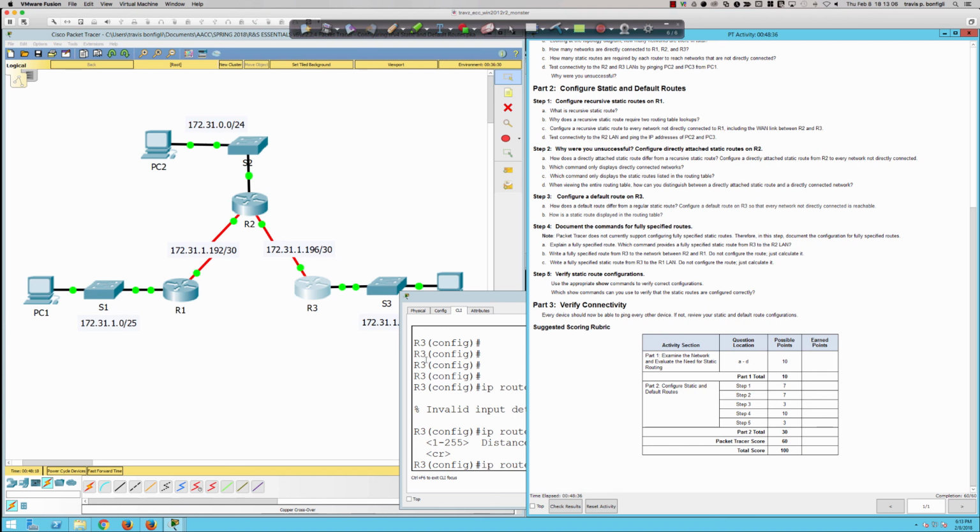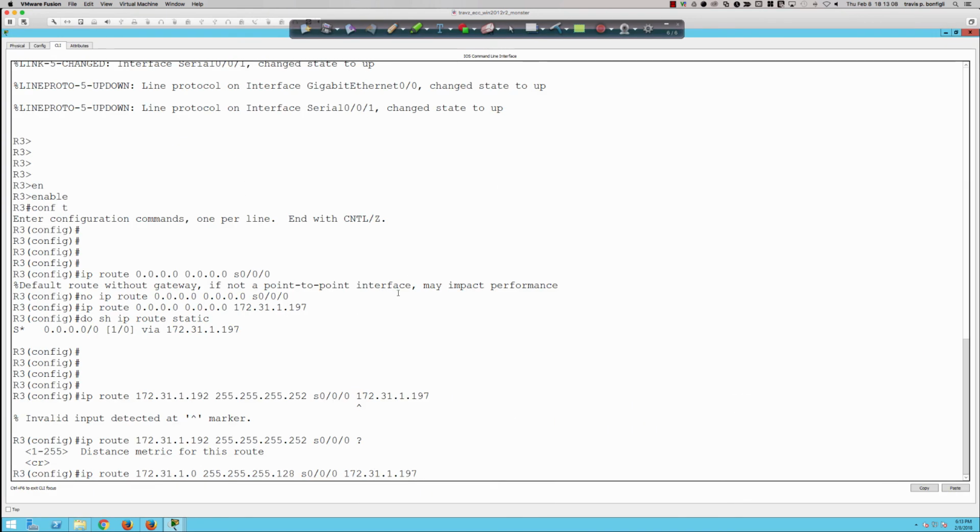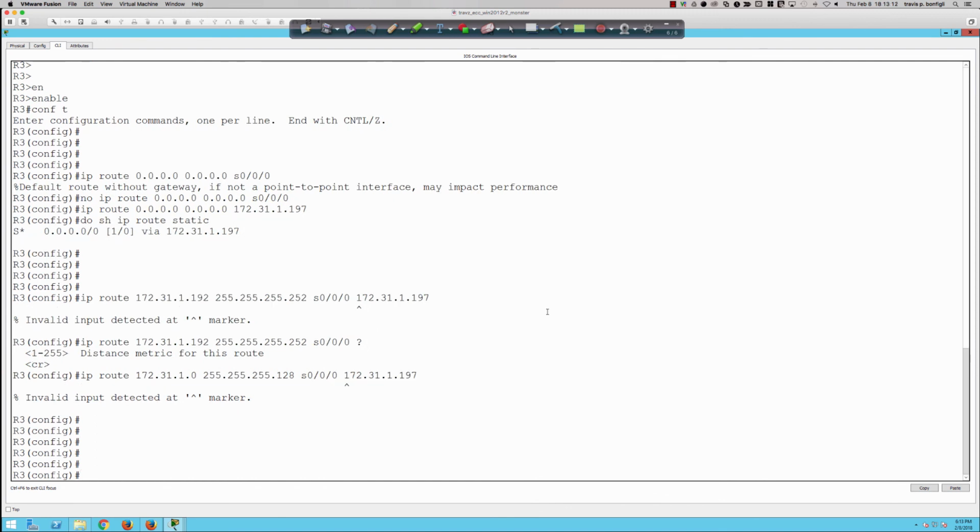All right, now the last thing I'm going to show you. We're going to configure a static route on router 3, and this is referred to as a host route. If you were wondering how to do it if I just wanted it to go to one PC, you certainly can. So my IP route to get to 172.31.0.254, you'll notice I don't put the subnet here.